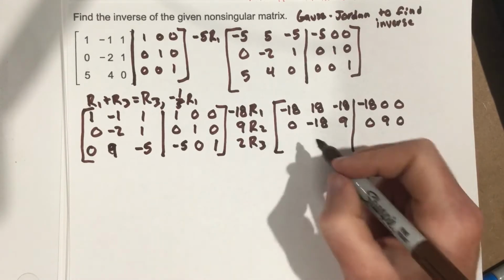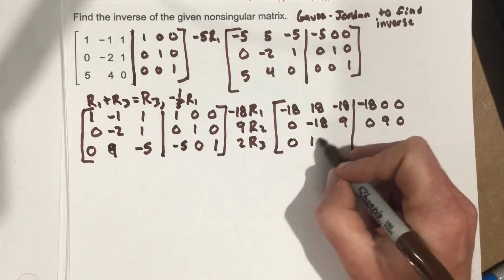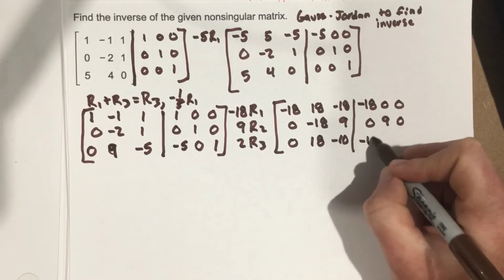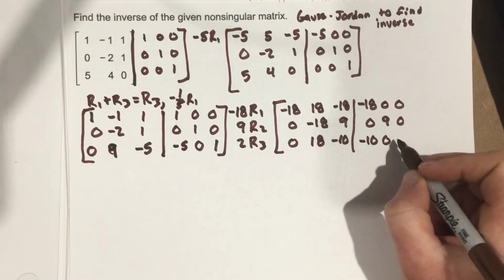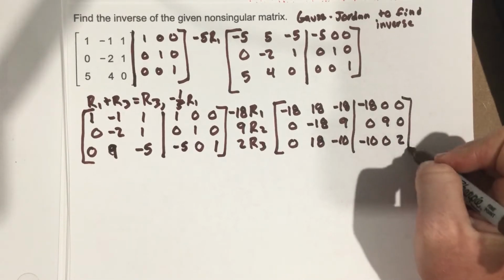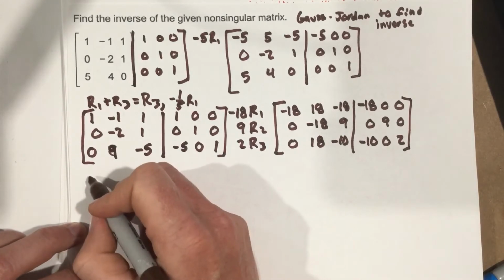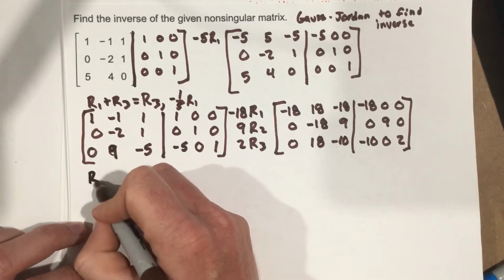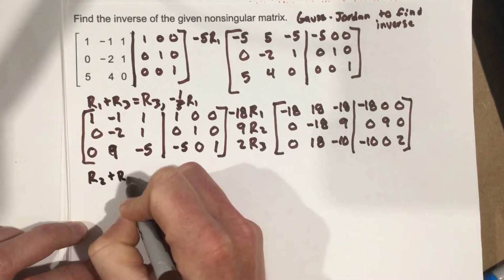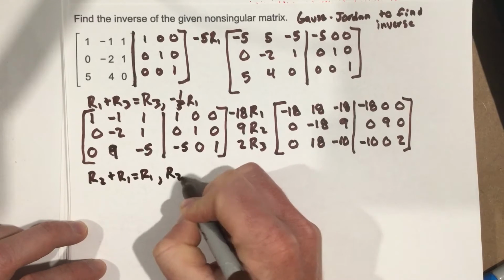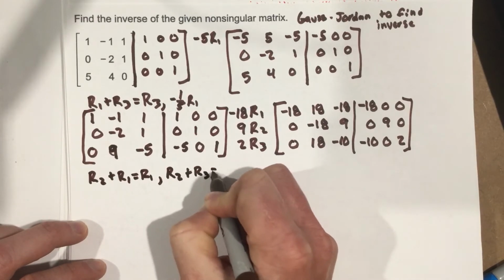And then the bottom we've got 0, 18, -10, -10, 0, 2. Now we're going to take row 2, add it with row 1, and that's going to be row 1. And then we're going to do the same thing with row 2, but add it to row 3, and that's going to be row 3.